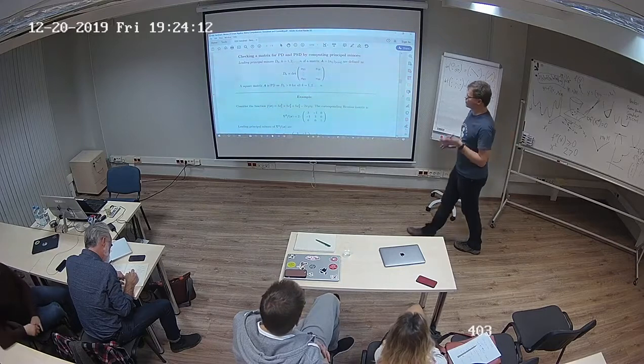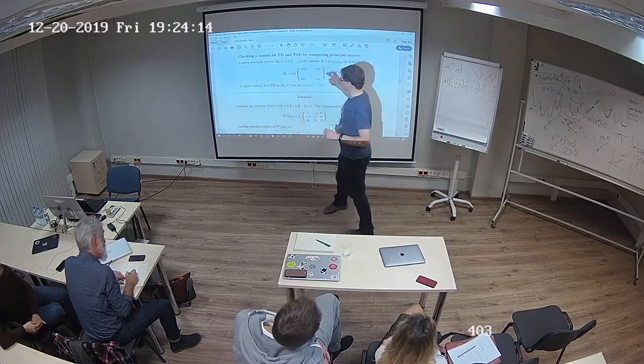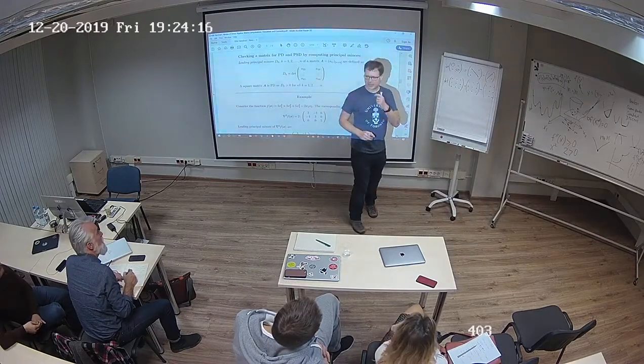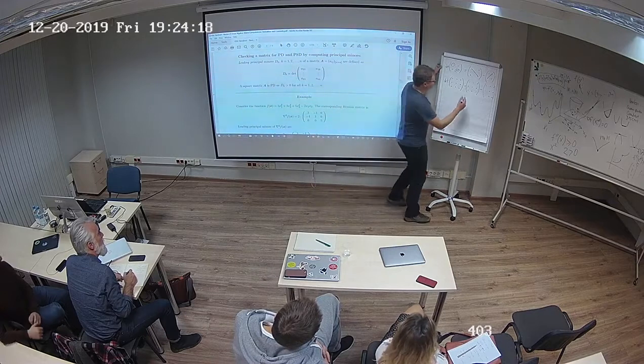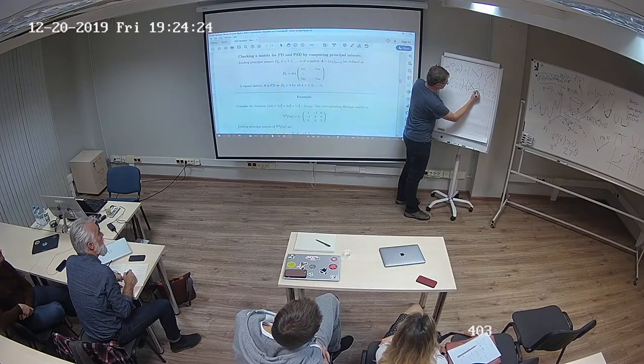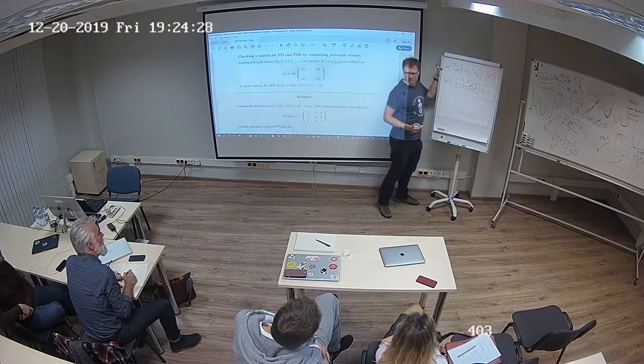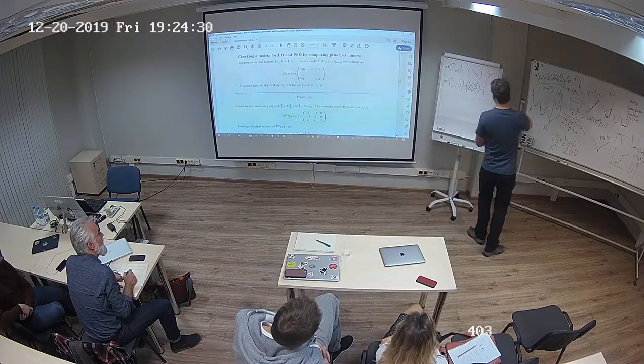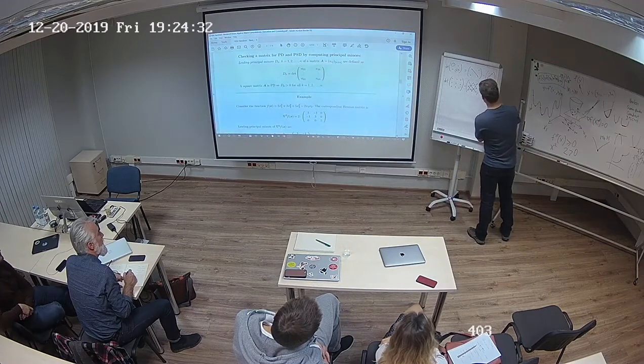Most things I don't necessarily want you to remember, I want you to understand the idea behind them. So the determinant of a 3 by 3 matrix is the product of these 3 numbers plus the product of these 3 numbers plus the product of these 3 numbers, minus the product of these 3 numbers, minus the product of these 3 numbers, minus the product of these 3 numbers.